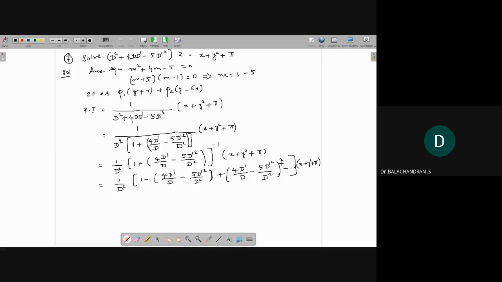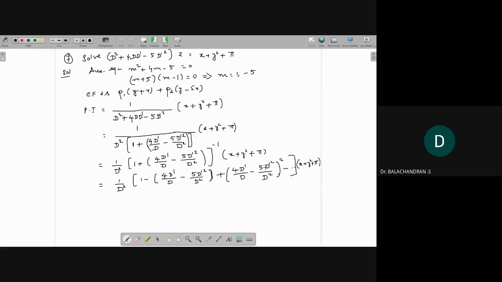This is the a minus b whole square formula. If you apply the a minus b whole square formula, this is what the first term is. The first term contains d dash square. So I need d dash square because here I have y square. The second term, b square, that is d dash power 4, so I don't need the b square term.